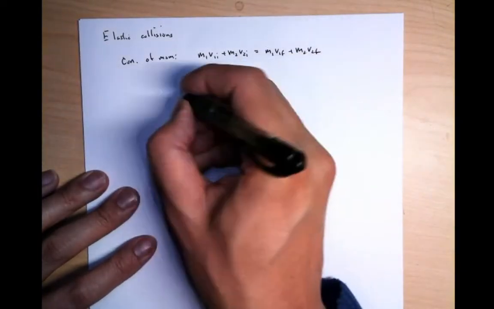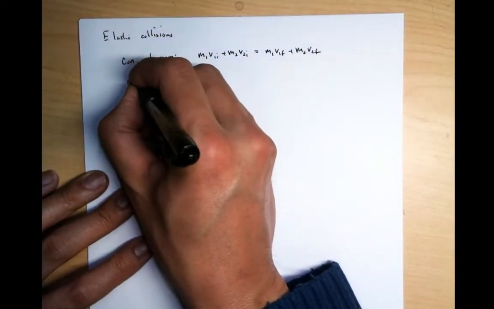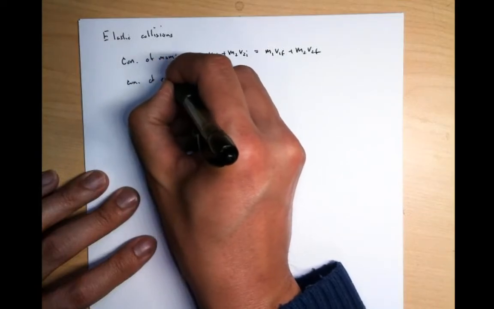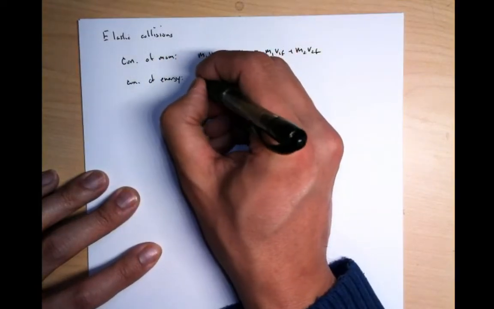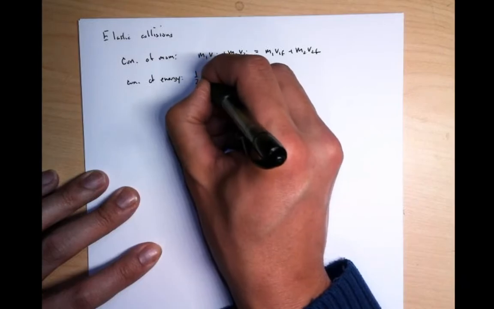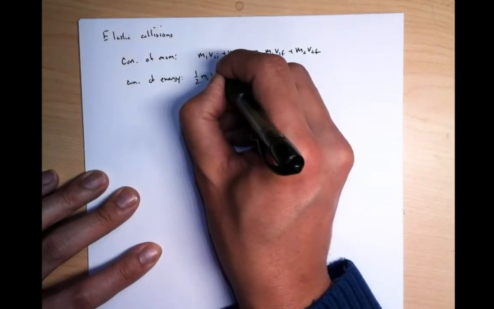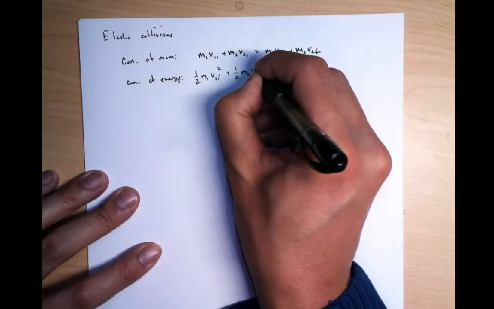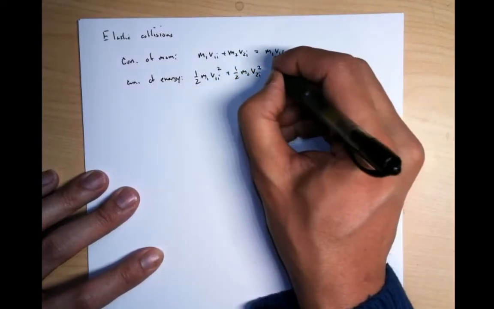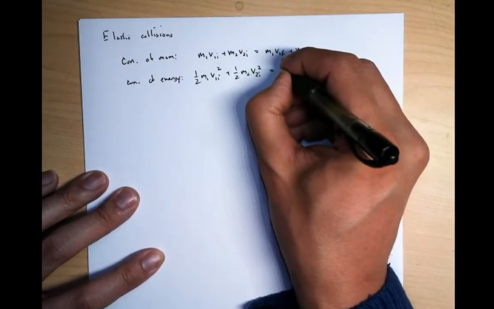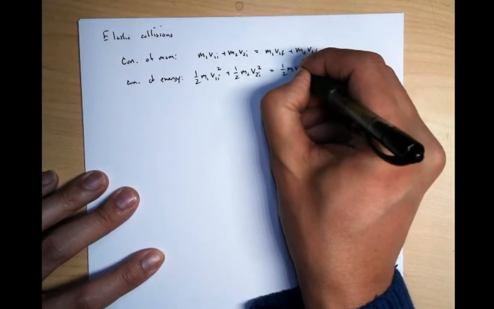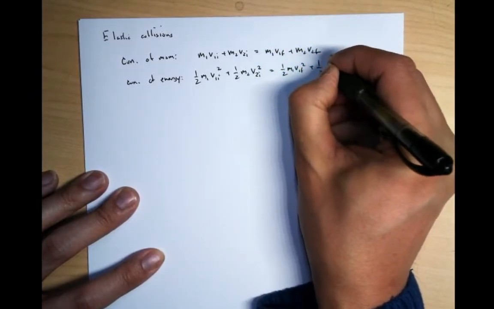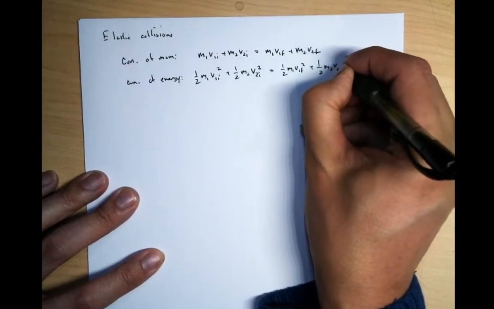Okay, and we have conservation of energy. This is 1/2 m1 v1 initial squared plus 1/2 m2 v2 initial squared. This had better be equal to 1/2 m1 v1 final squared plus 1/2 m2 v2 final squared.